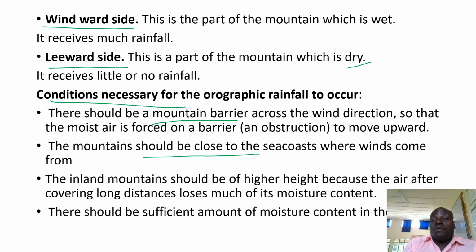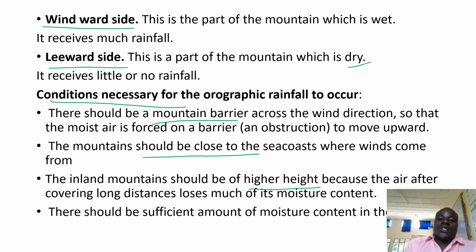However, they might be far from the coast, but if they are near the coast and the coastal sea brings more winds for them to rise on the side of the mountain, that would be better. And again, if they are inland mountains, they should be of a higher height.